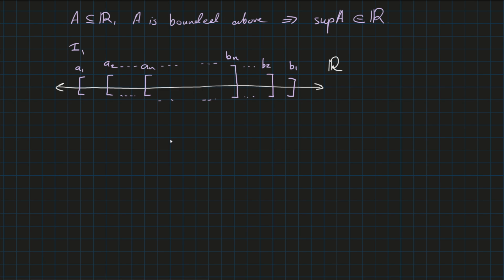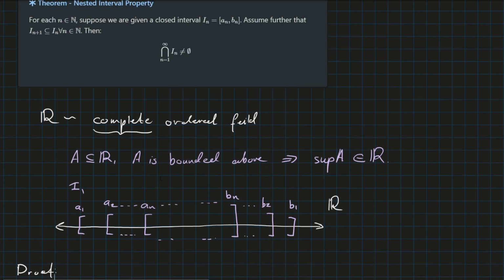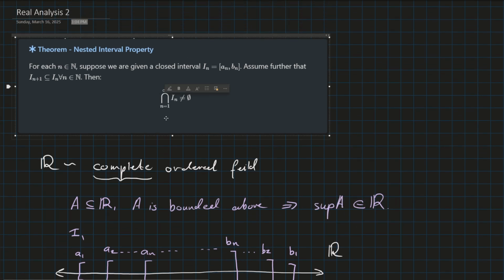Okay, so let's take a look at a proof. We're going to use the axiom of completeness to produce a single real number, x, that is in the infinite intersection. The axiom of completeness states that every subset of R that is bounded above has a supremum. So the supremum of some set is going to be that element in this set that makes it not empty.